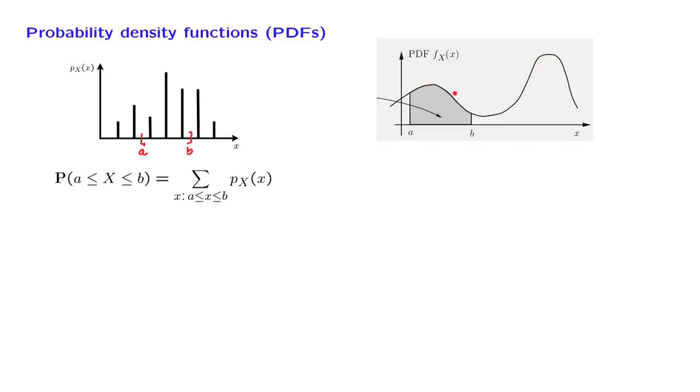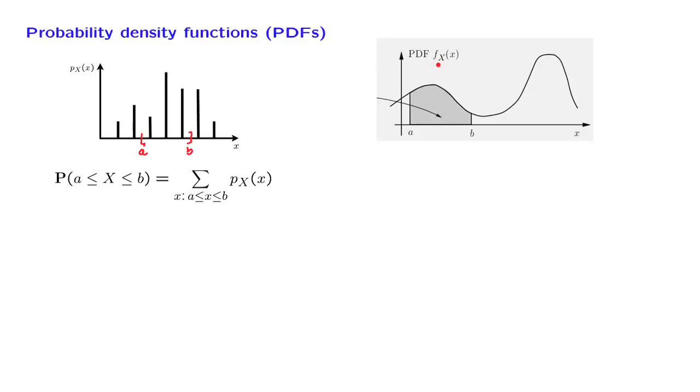How much mass exactly is sitting on top of each part of the real line is described by the probability density function, this function plotted here, which we denote with this notation. The letter f will always indicate that we're dealing with a PDF, and the subscript will indicate which random variable we're talking about.